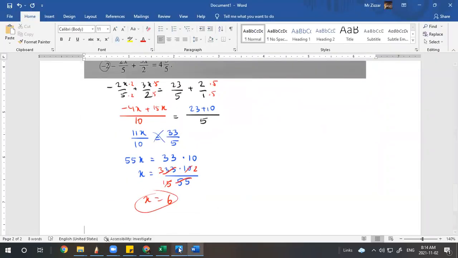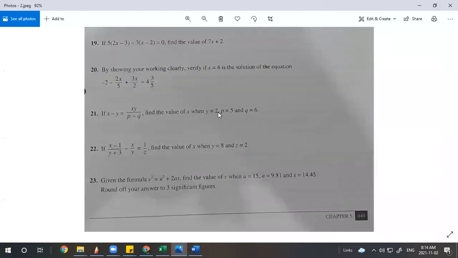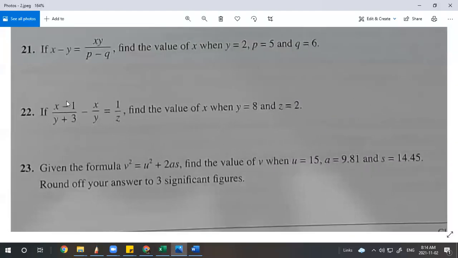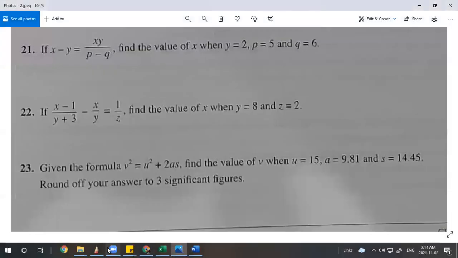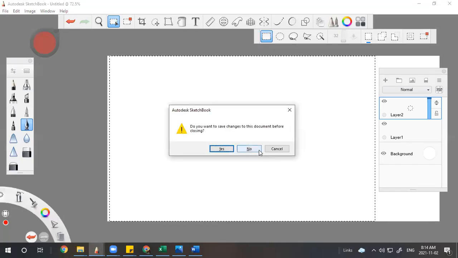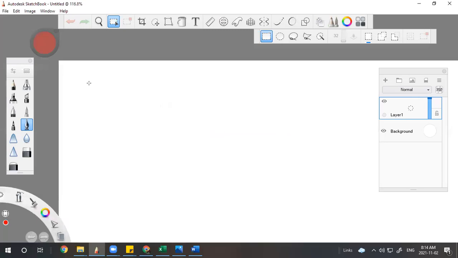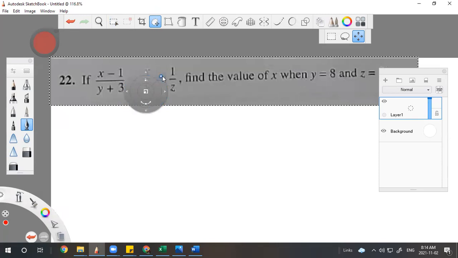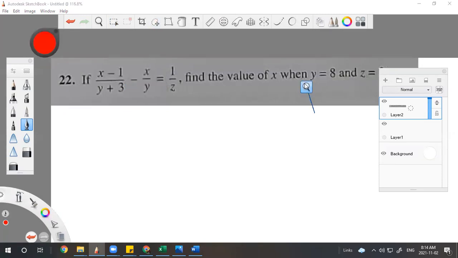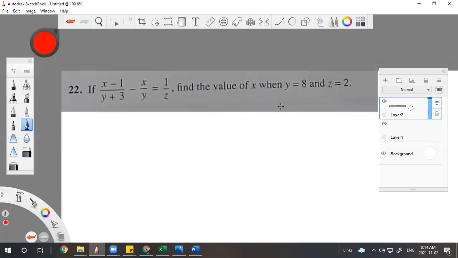Terus 22. Gampang sih. If x minus 1 over y plus 3, oh dikasih taunya y sama z-nya ya. Oke, you taruh y-nya 8, z-nya 2.